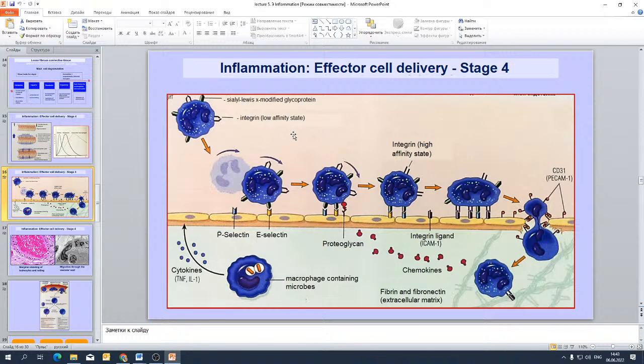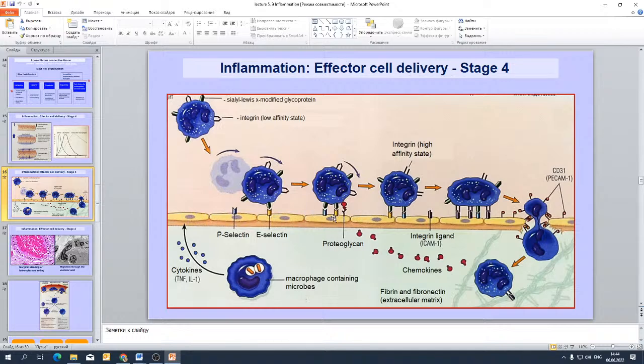In normal conditions, leukocytes are localized in the center. But in these changes, leukocytes form a parietal pool and localize around the endothelial cells. For example, the basement membrane is present, and there is one layer of endothelial cells.